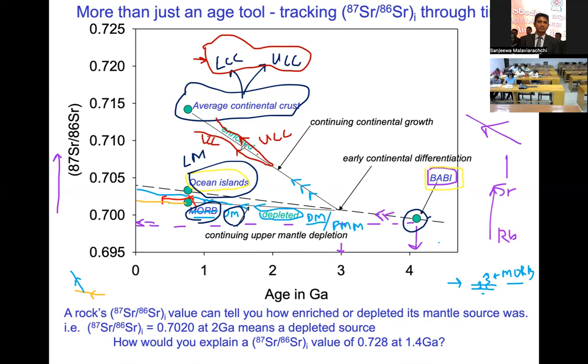This type of change can also be observed in the isotopic systematics if you analyze the samples, right? I'm not referring here to exactly an age. We cannot say the upper crust was formed at 2 Ga or something. No, that is not like that.